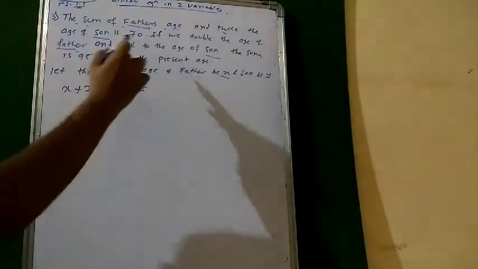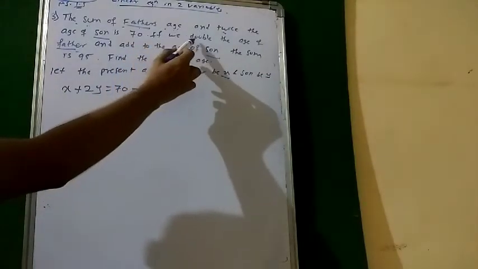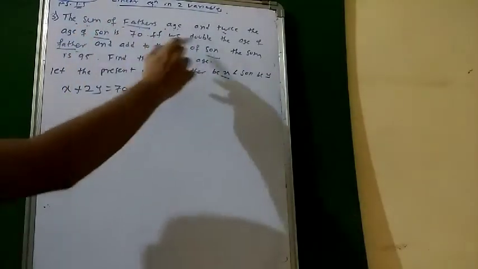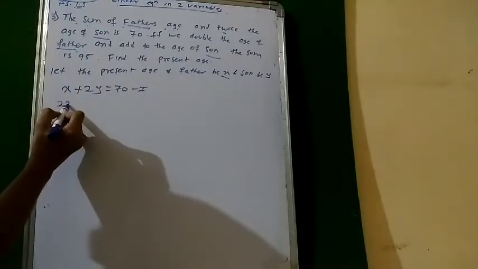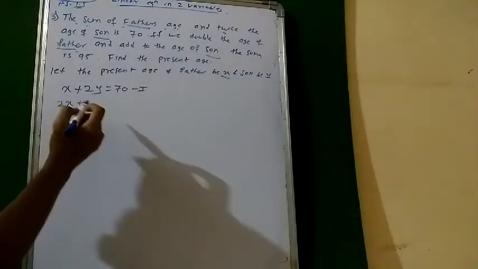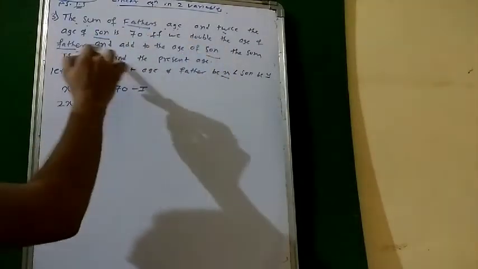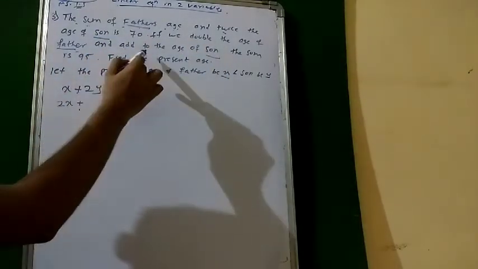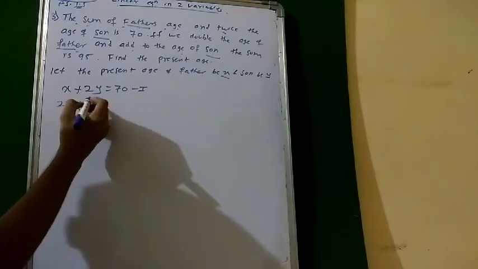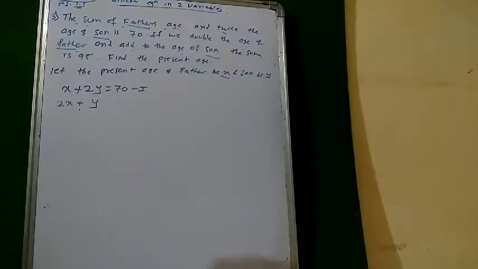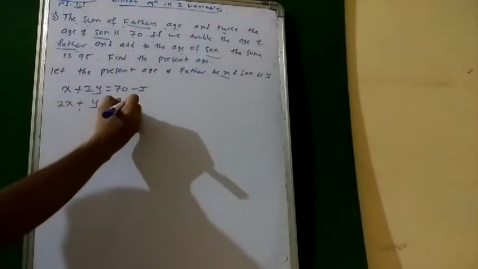Second part: if we double, 2 times, the age of father, that is x, and add to the age of son, that is y, the sum becomes 95. This becomes equation number 2.